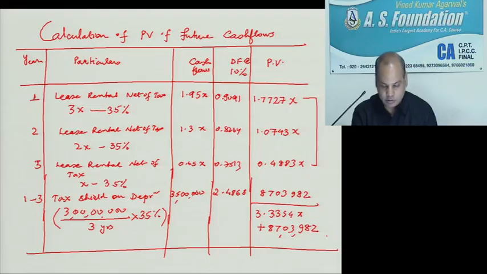After writing that note, write 3.3354x plus 8703982 is equal to 3 crore.